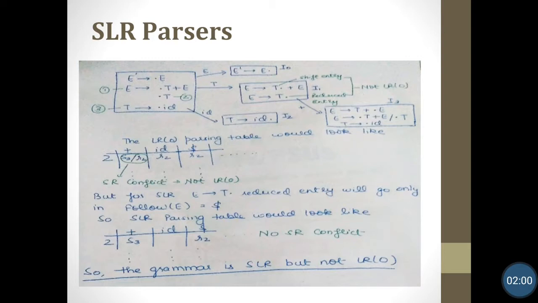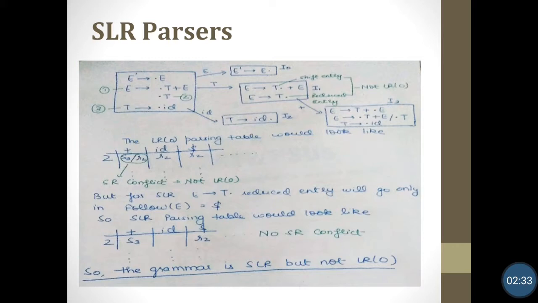In LR0 parser, we mention for first rule reduce entry in all the terminal cells, but in SLR parser for reduction entry we will enter only at the place of follow.